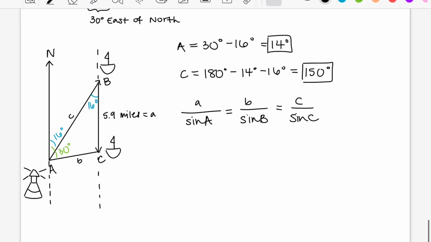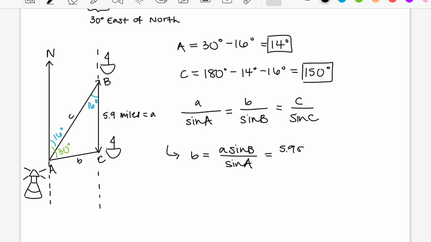So first, I will use the fact that these guys are equal here. This means that B is going to be equal to A times sine of B all over sine of A. Plugging in our known information, this side A here is going to be 5.9.